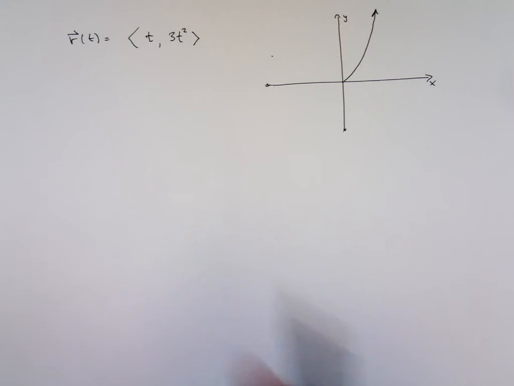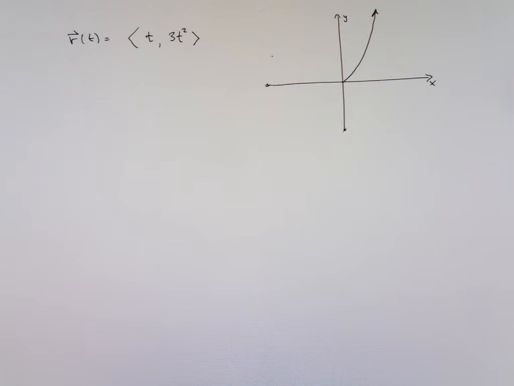All right, here's what we're going to do. We're going to find velocity, acceleration, unit tangent, principal unit normal, and tangential and normal components of acceleration. When you graphed it, you graphed 3x squared.